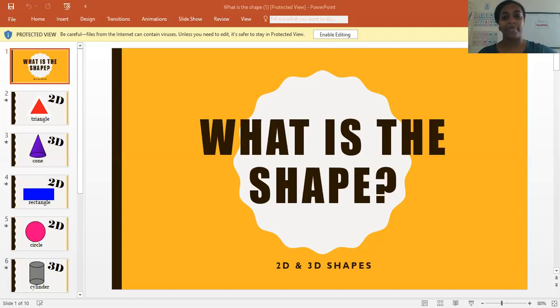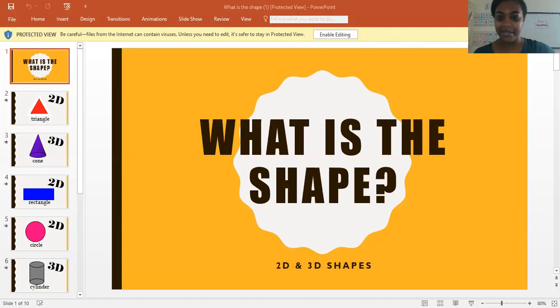Next one. What's this shape? Yeah, cone. Yes. Now, is this a 2D shape or a 3D shape? Is this a flat shape or a solid shape? Answer in 3, 2, 1. 3D. Excellent.